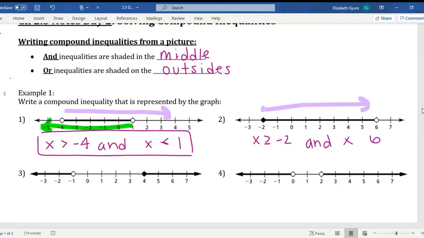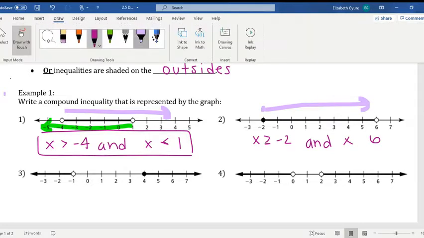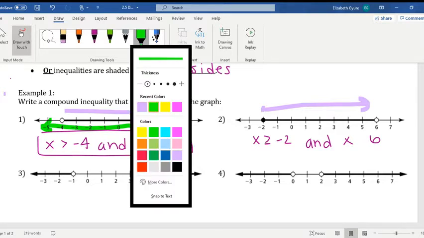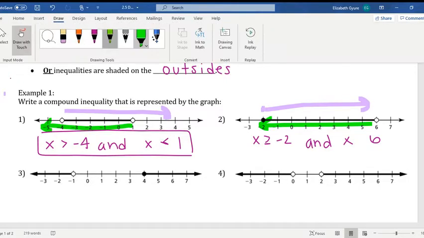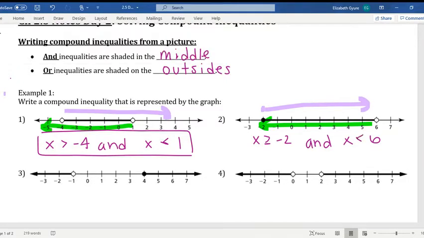Then at the 6, we have an open circle, and then it started to go to the left. So what symbol would you use if it's an open circle and it goes to the left? Less than, very good. Good.